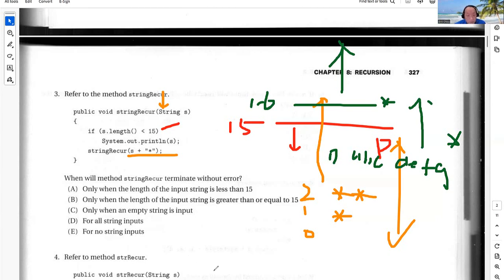So what should you pick? Which one will terminate without error? B. Wait, we already did the analysis. Why did you pick B?